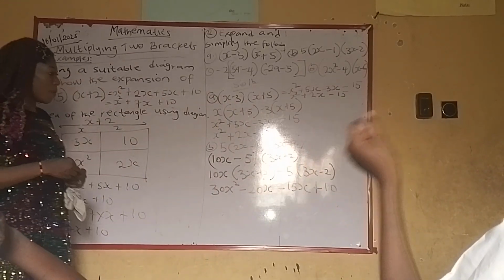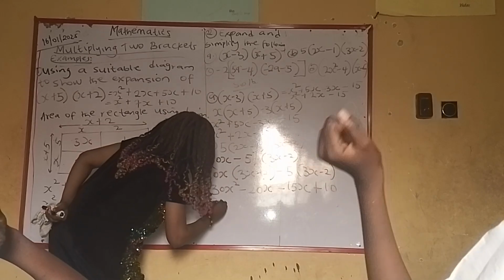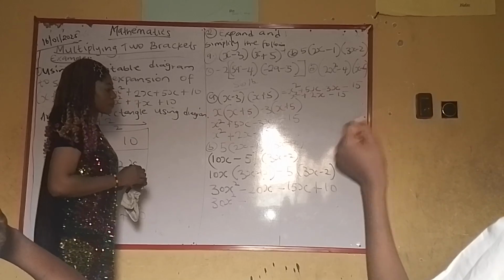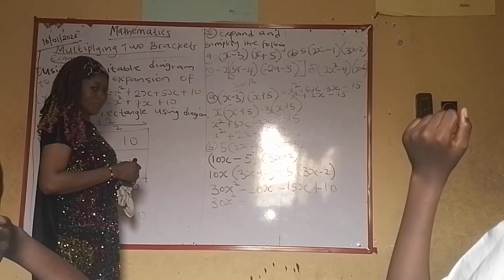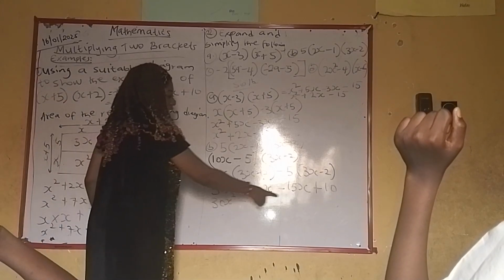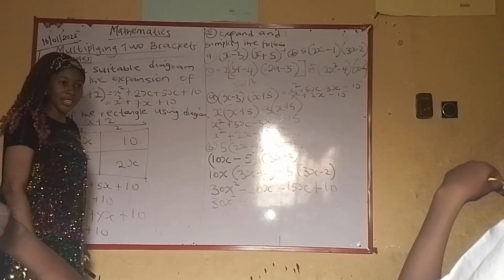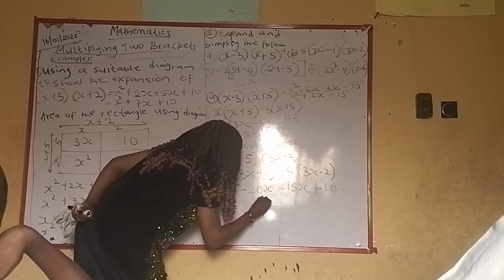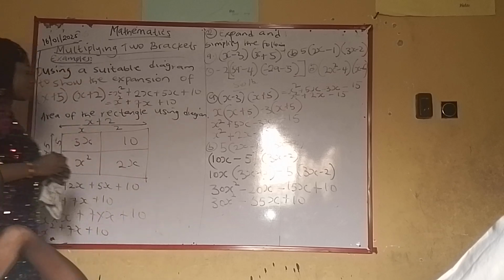So there are some common terms among them. So we have 30x squared minus what? 15x. This is minus 20, this is minus 15. That means you are owing this and owing this. Together, how much are you owing? Minus 35x plus 10.